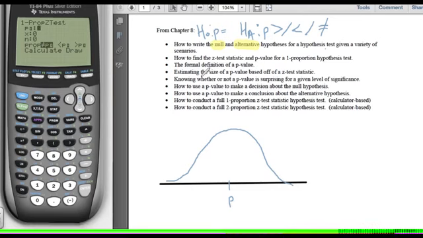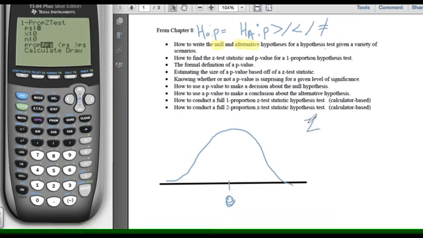Now, moving to the next bullet point, we can estimate the size of a p-value based off of a z-test statistic. Pretty much, the farther the z-test statistic is from 0, the smaller the p-value. Z-test statistics or z-scores are based off of the standard normal curve.